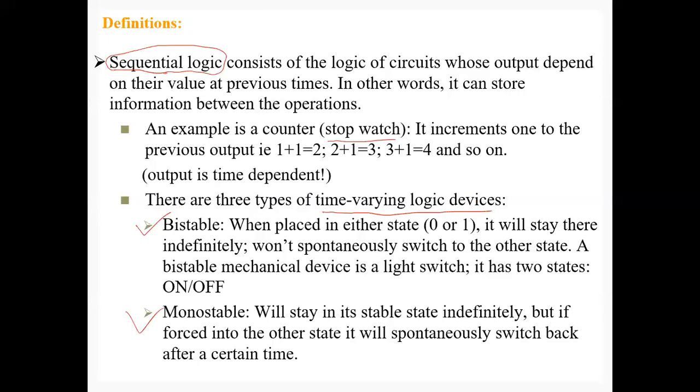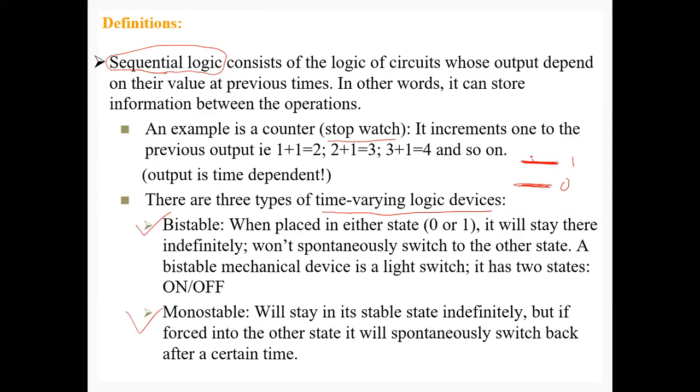So mainly 3 types of time-varying logic devices. So bistable. When I say bistable, the device can be in either state, because when I say state is 0 or 1, right? This is 0 state, this is 1. A device can be in either 0 state or 1 state without any problem.